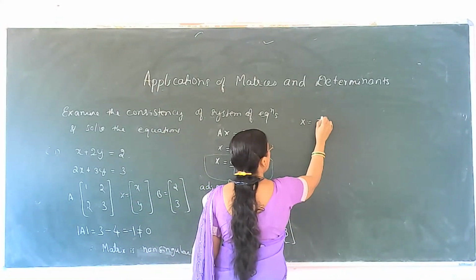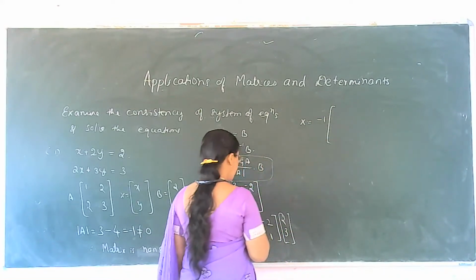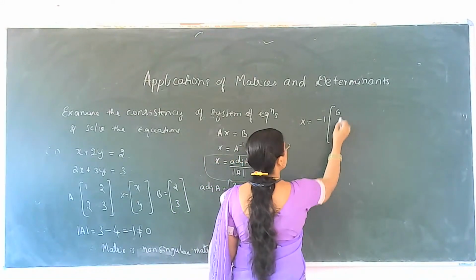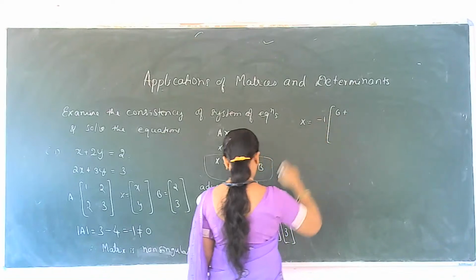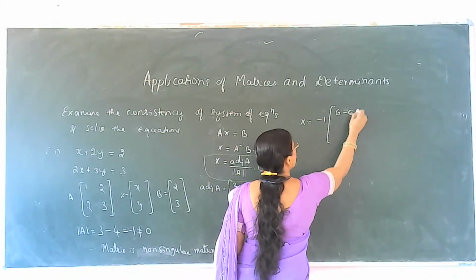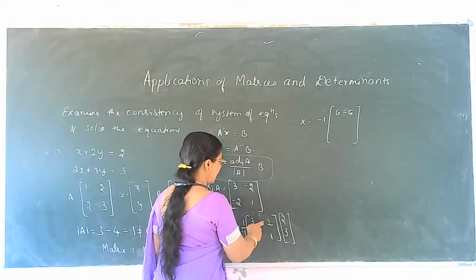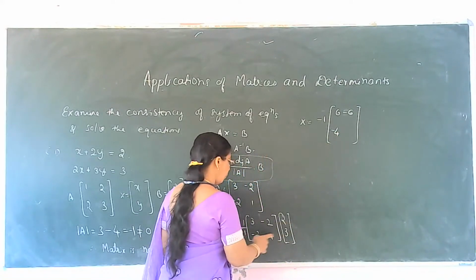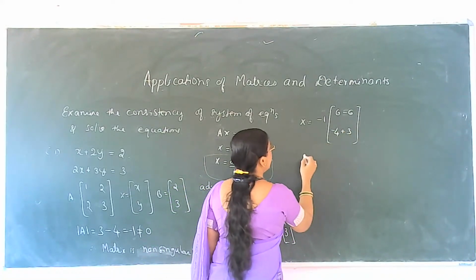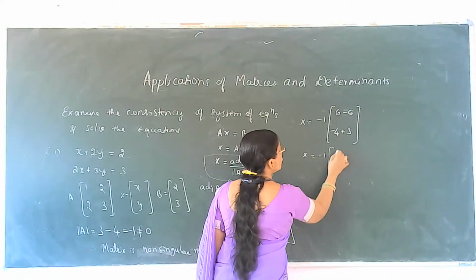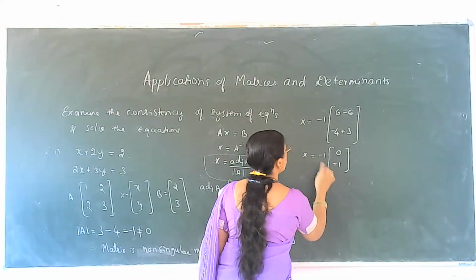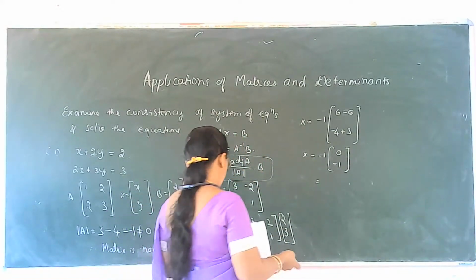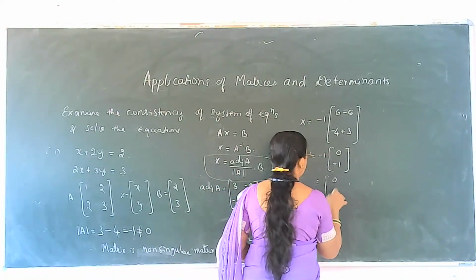X is equal to minus 1 into 3 into 2 is 6, minus 2 into 3 is minus 6, that is 0; minus 2 into 2 is minus 4 and 1 into 3 is 3, that is minus 1. Then multiplying the two elements by minus 1, we get 0 and 1.